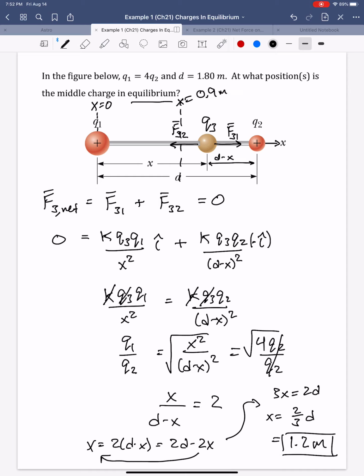So 1.2 is indeed to the right of 0.9. That makes sense because the charge of Q1 is greater than Q2, thus the electrostatic force that we drew to the right will be greater than the electrostatic force going to the left. That would push this tan charge further to the right, closer to charge 2. So yes, our value of 1.2 meters does make sense. And in fact, that's the answer.